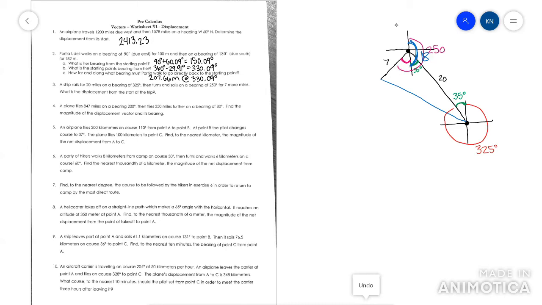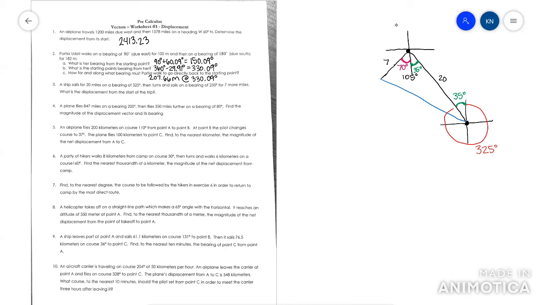Let me clean up my triangle. I was just trying to explain it. So this is going to be 70 because this was at 250 and this much of it was 180. I hope that made sense. So now I know this total angle is 105 degrees.